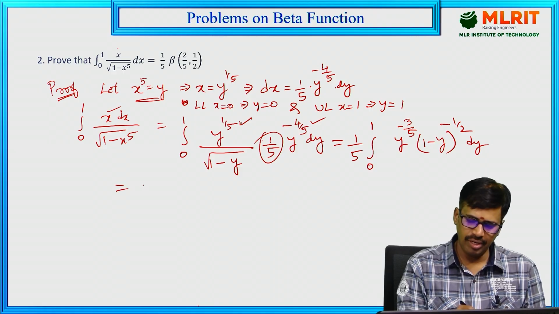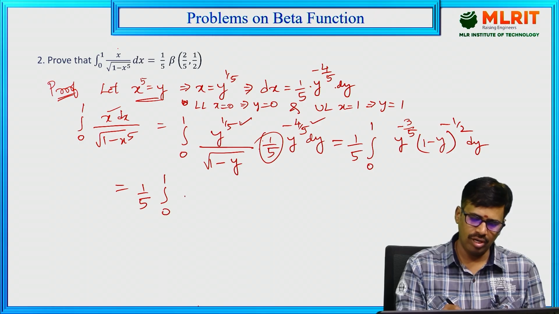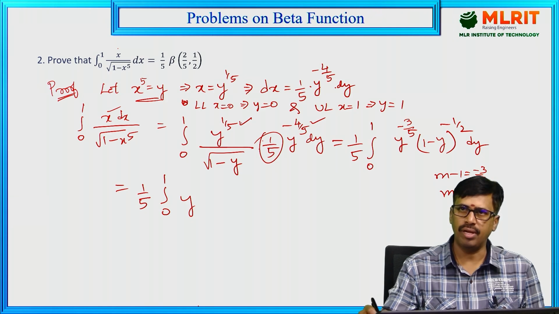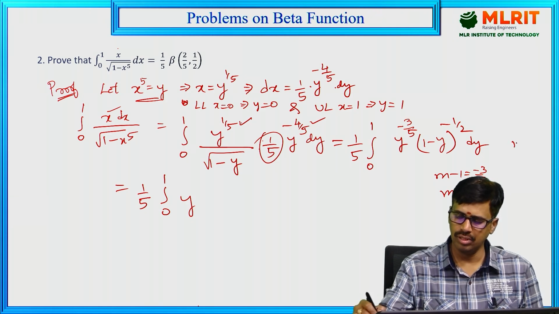So this can be written as 1 by 5 into integral 0 to 1 y power m minus 1. So I want m minus 1 equal to minus 3 by 5. So m equal to minus 3 by 5 plus 1. So m equal to 2 by 5.